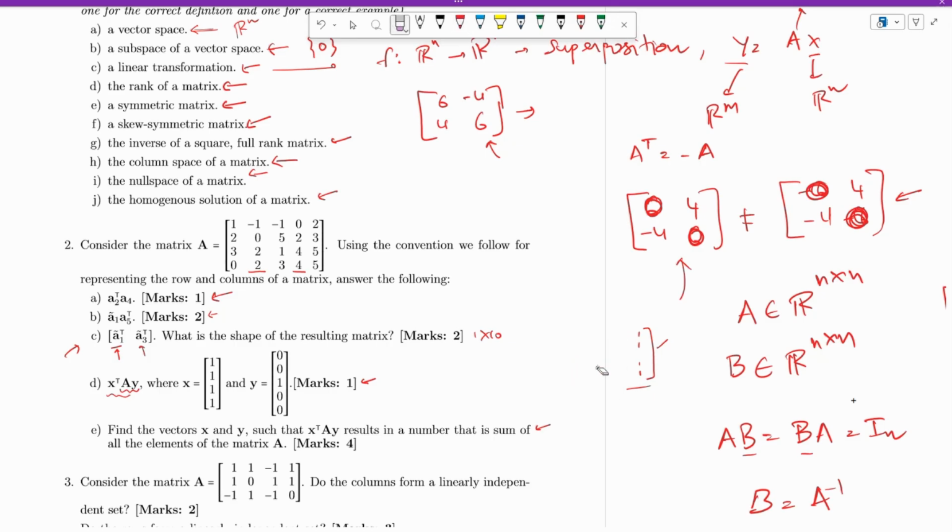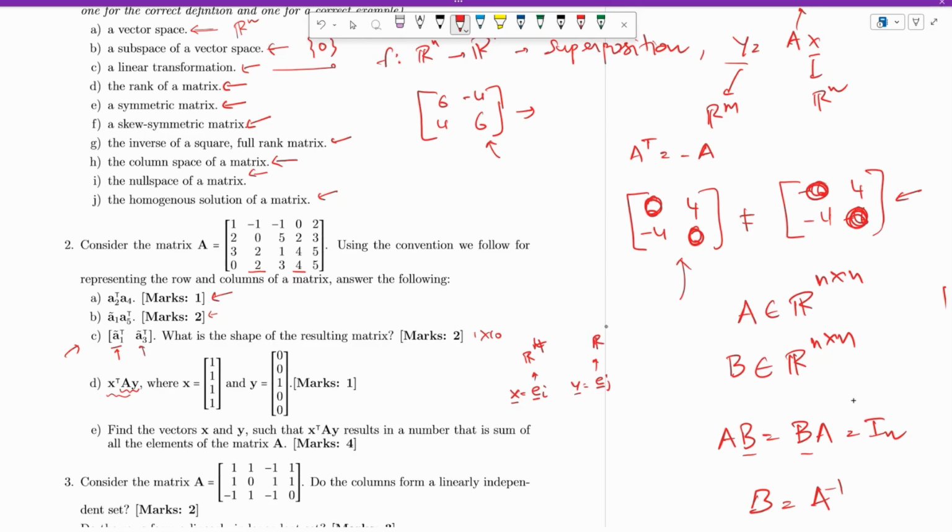As a side note, let me ask you this. What will happen if I choose X to be E_i and Y to be E_j? And remember, both of these are from different spaces. This is from R4.